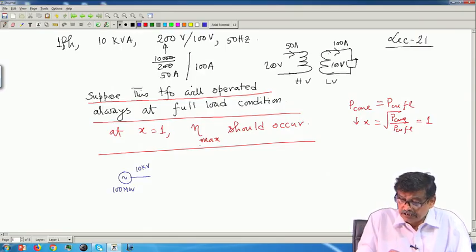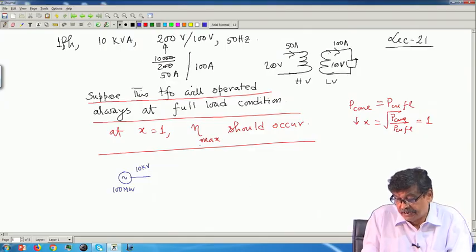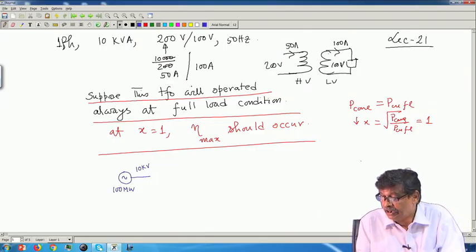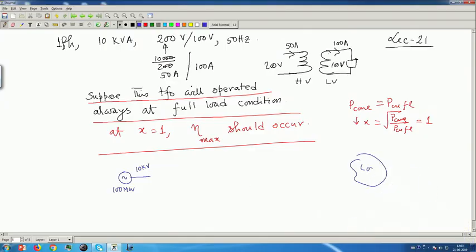Just to transmit the power from the generating station to the load center, where this power will be used, there will be considerable amount of power loss in the transmission line, and you cannot afford that. So, it will become a very inefficient system of transmitting bulk amount of power of this order.